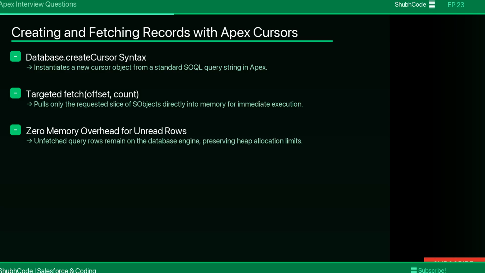For example, writing List<Contact> batch = myCursor.fetch(500, 100) retrieves records 501 through 600 without pulling the previous 500 into Apex memory. This fetch operation is extremely performant and directly avoids heap limit exceptions during large calculations.